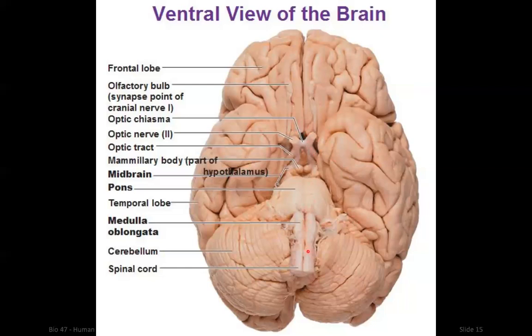So things that are more related to involuntary responses and keeping you alive, those are getting more down into the brainstem and the spinal cord. And you'll notice that the medulla oblongata is continuous with the spinal cord. It's just considered the spinal cord once it leaves the bones of the cranium.